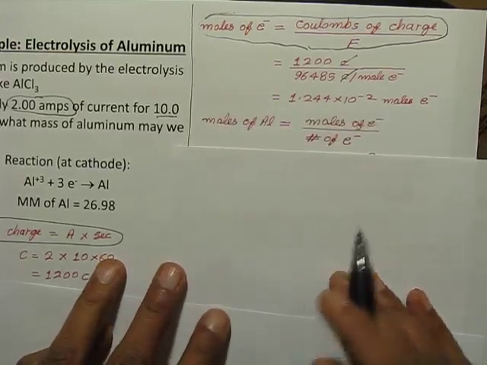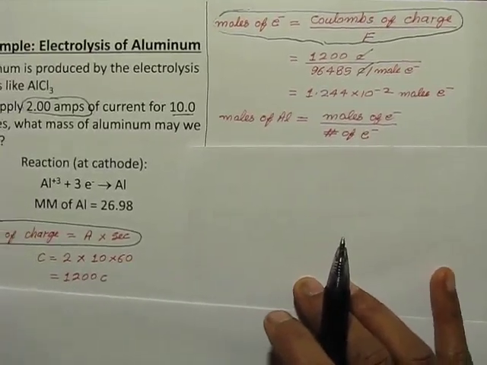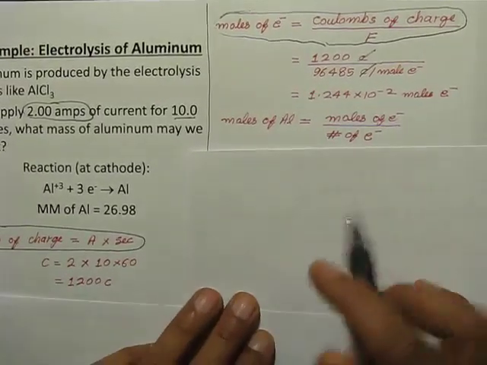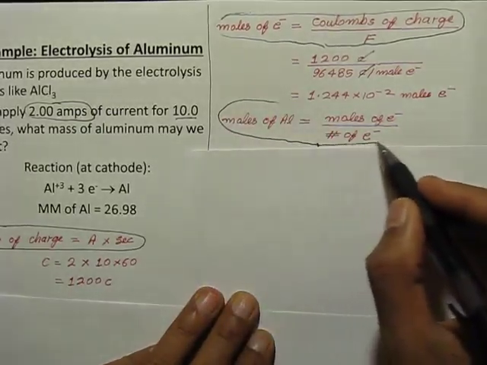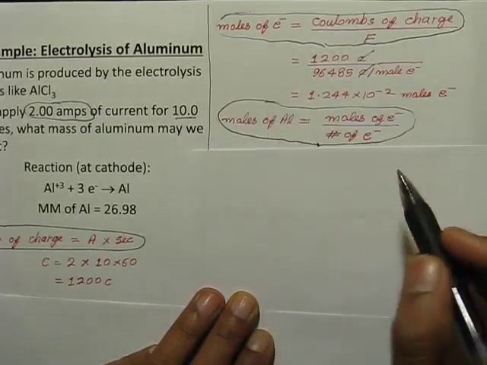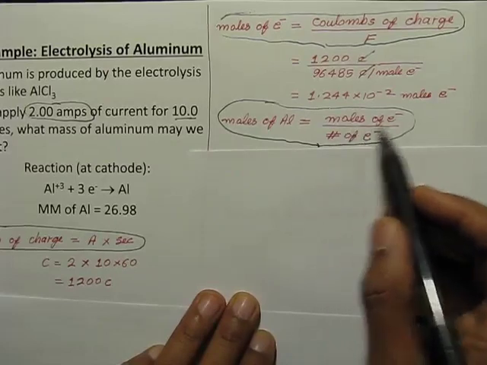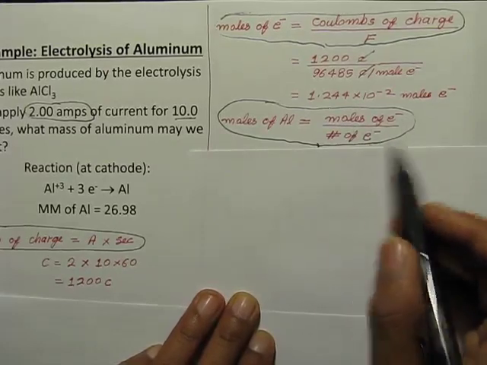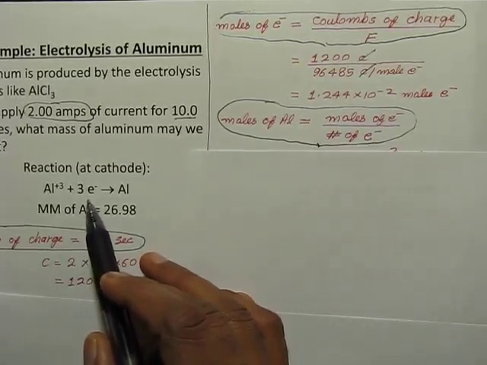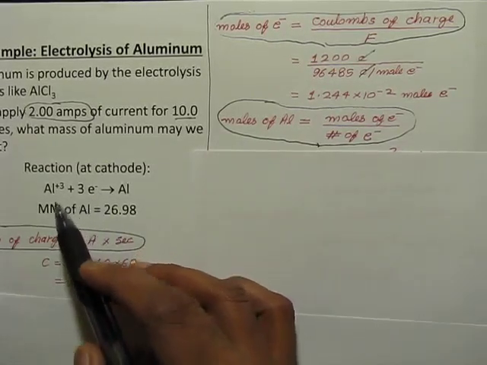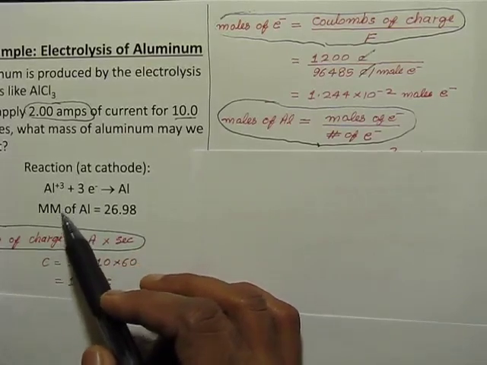And then after that we have to convert this into how much aluminum will deposit on the cathode, using this relationship: moles of electron divided by number of electrons. You can see 3 moles of electron are required to reduce 1 mole of aluminum ion.